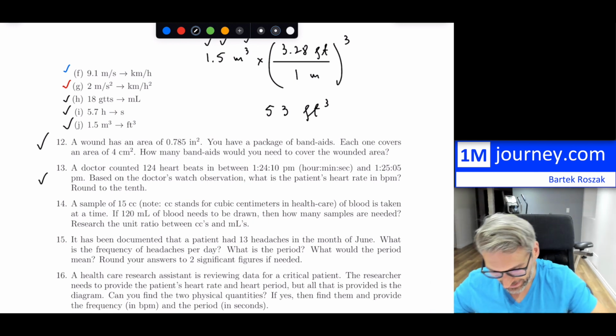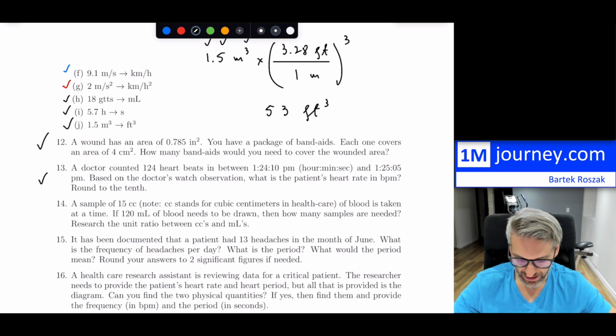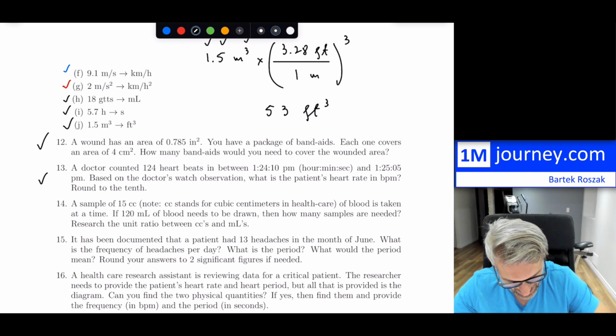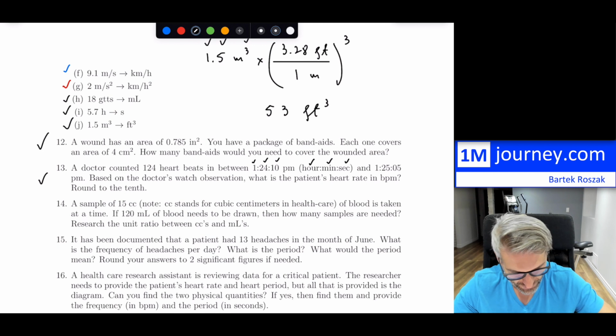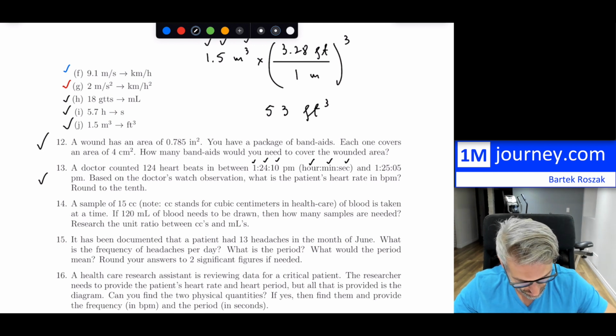Question number 13. A doctor counted 124 heartbeats in between, so this looks like it's a time, 1:24:10 p.m. Notice this says hours, minutes, seconds.